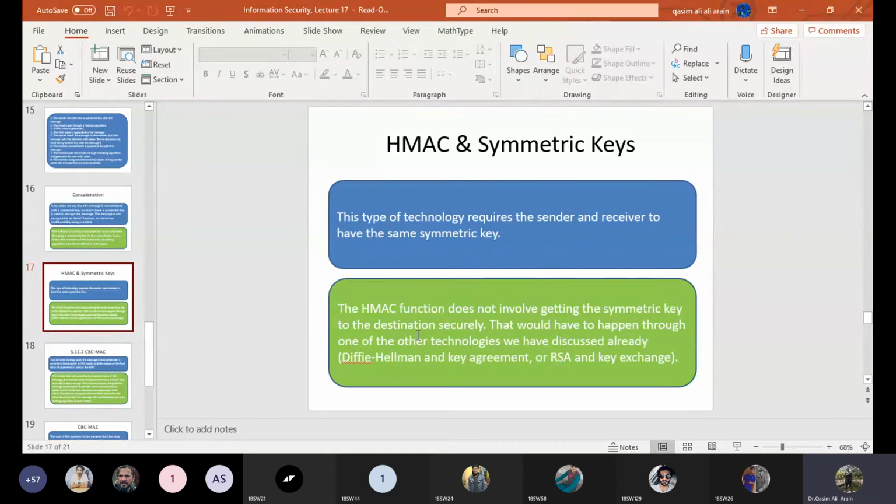So your HMAC is just going to generate a hash value, but the symmetric key at the sender as well as at the receiver is going to be managed by some symmetric and asymmetric algorithm like Diffie-Hellman and RSA, right?